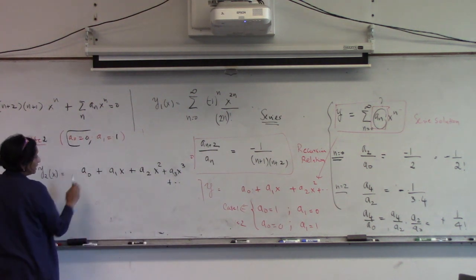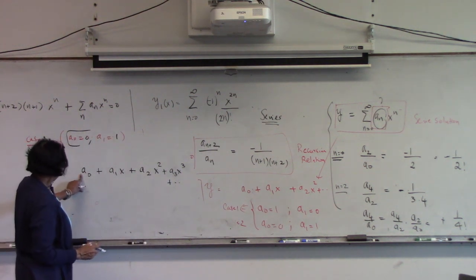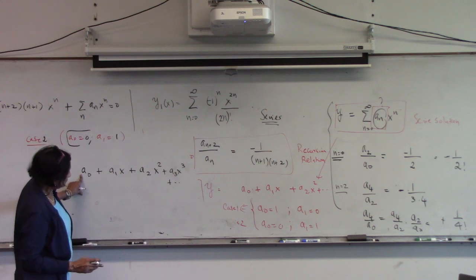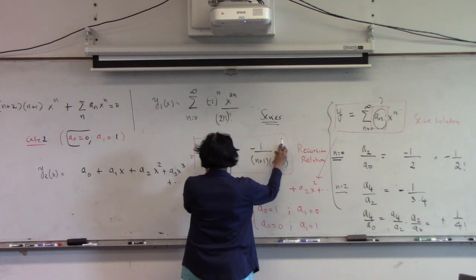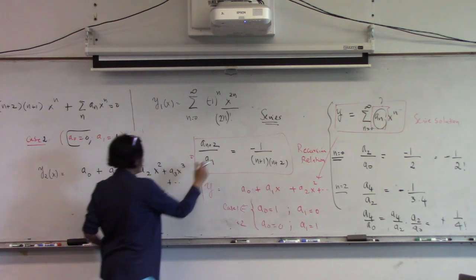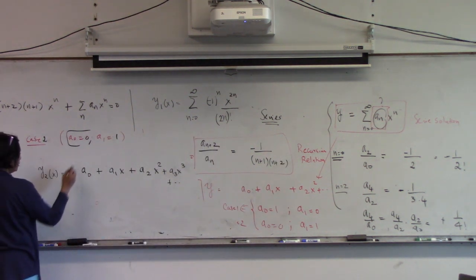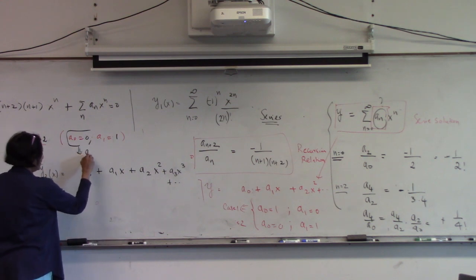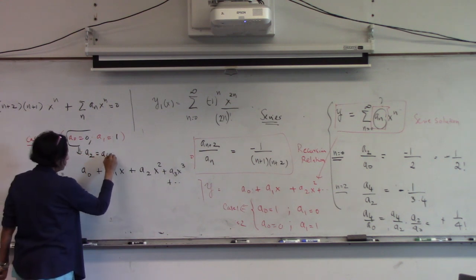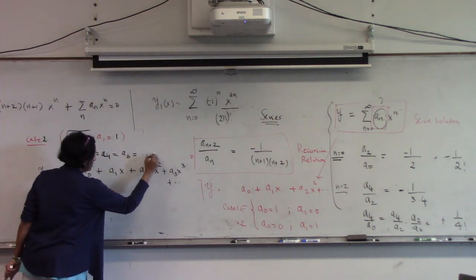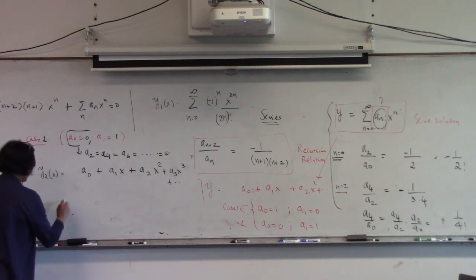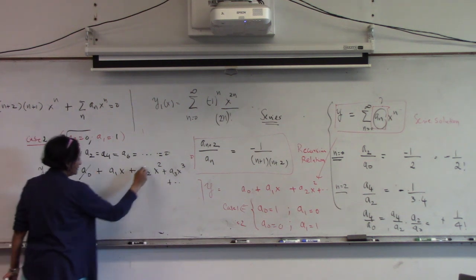And I'm going to put A naught equal to 0. So A naught is 0, then A2 is 0. So automatically, if A naught equal to 0, it means A2, A4, all these even coefficients are equal to 0. All of them are 0.